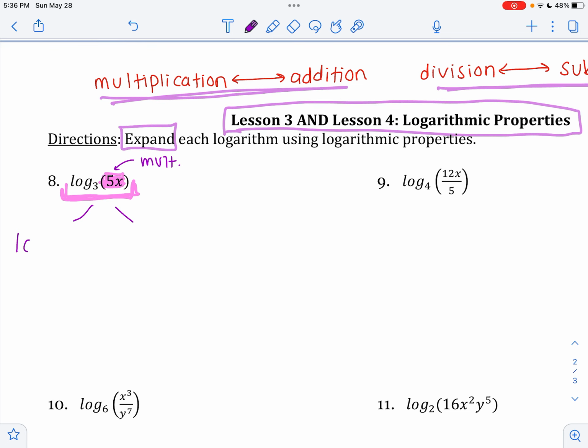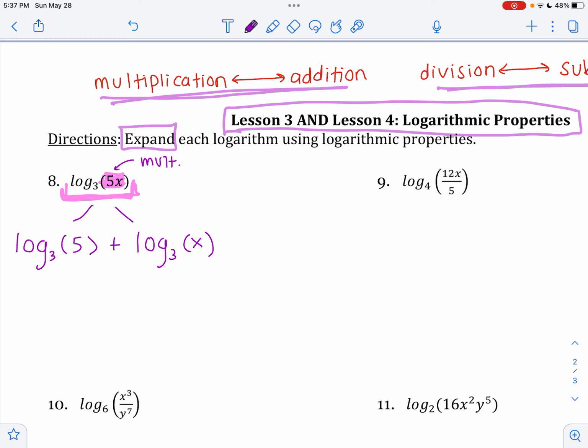One's going to be log base 3 of, okay, actually this is like the formula we're going to use. We're going to say plus log base 3 of something else. Now, the something else we fill in is going to be different depending on what's in the parentheses. What's in the parentheses here? My first number is 5, and my next letter is x, right? So that's your answer. That's all you have to do to expand.